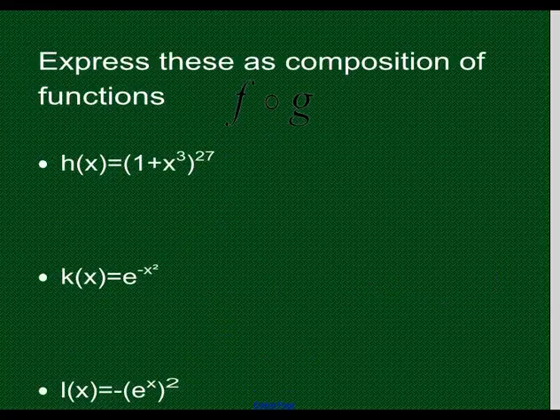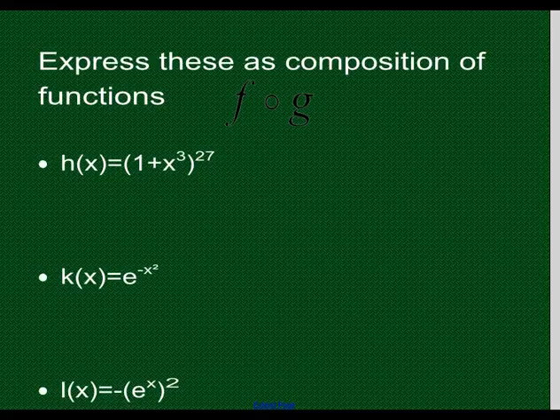Now we want to take it maybe backwards. If h of x is the composition of two functions, what might those two functions be? Okay, what would f be and what would g be in order to compose them and end up with this? Well, it's not unique. There may be multiple things you could say.